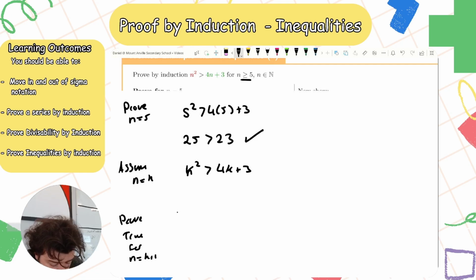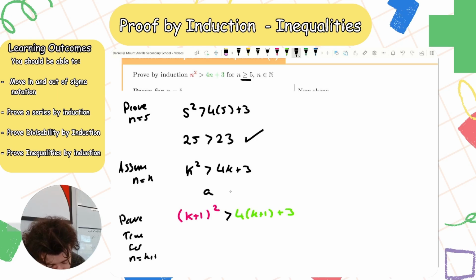So it's going to be k plus 1 squared is greater than 4 times k plus 1 plus 3.